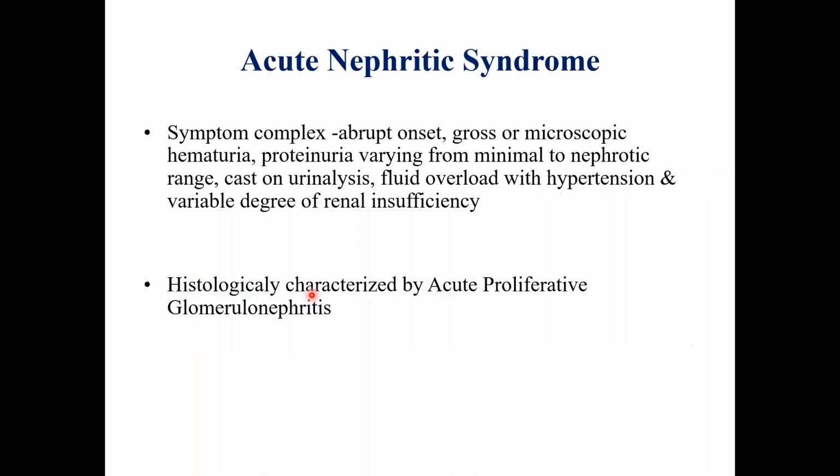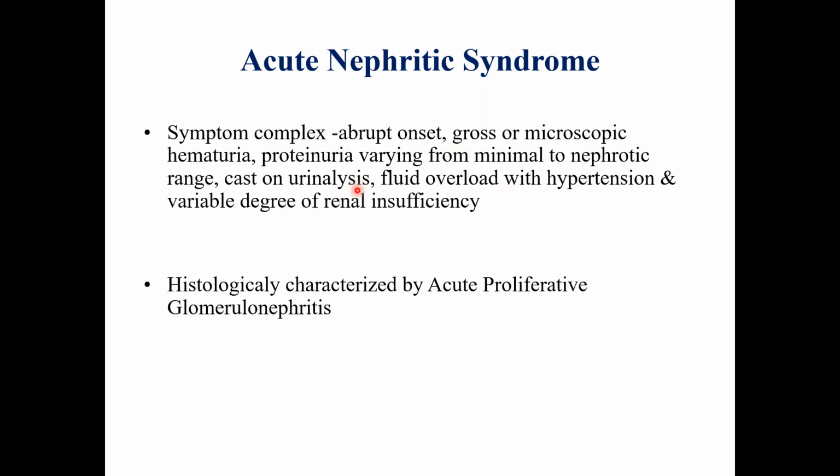Compared to nephrotic syndrome, acute nephritic syndrome occurs less frequently in the pediatric age group, and it is a symptom complex characterized by an abrupt onset of gross or microscopic hematuria with varying degrees of proteinuria. If you do a urinalysis, there would be casts and RBCs in the urine, and most patients land up with fluid overload and hypertension, and a variable degree of renal insufficiency.